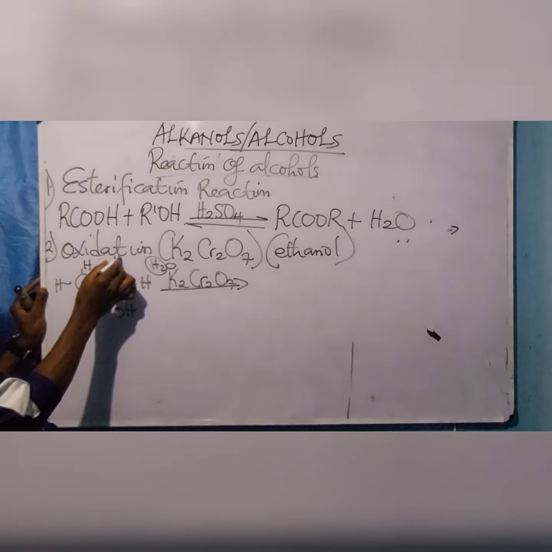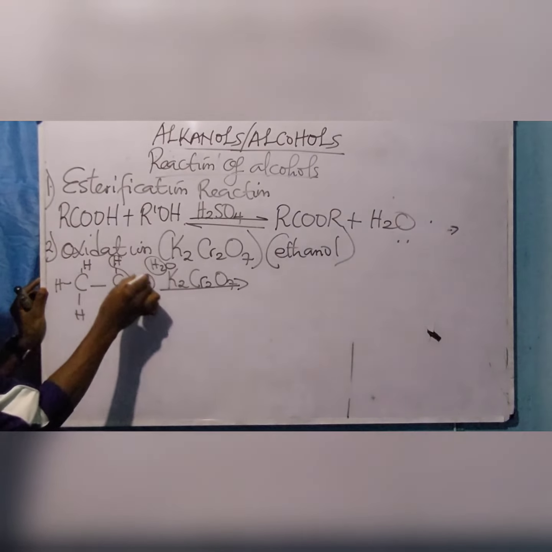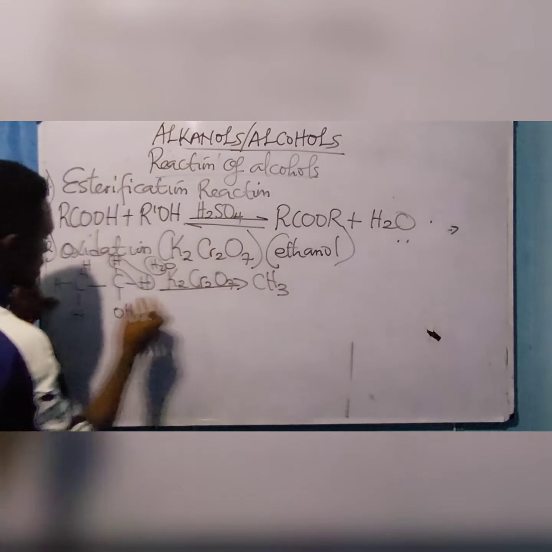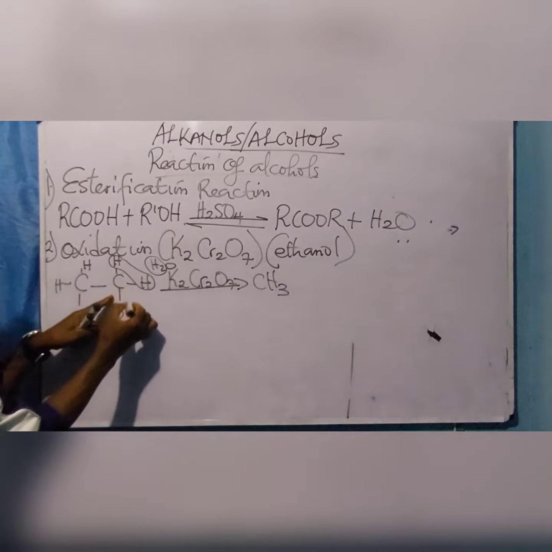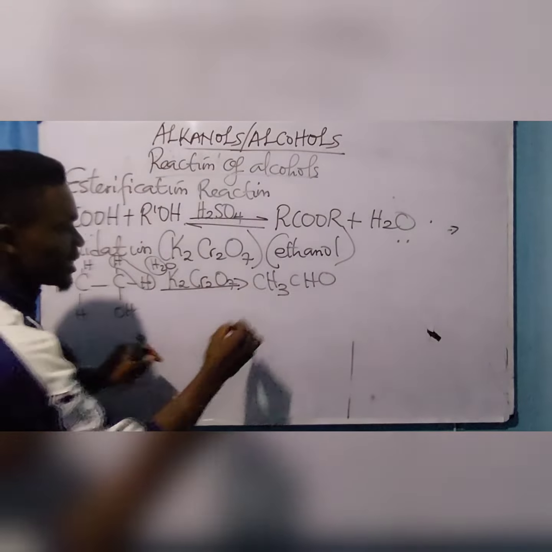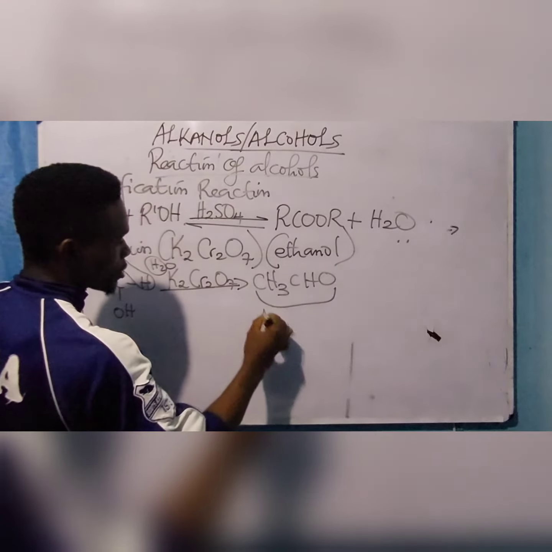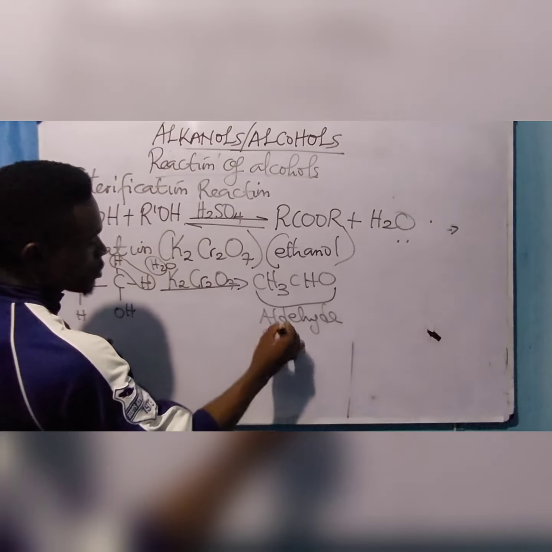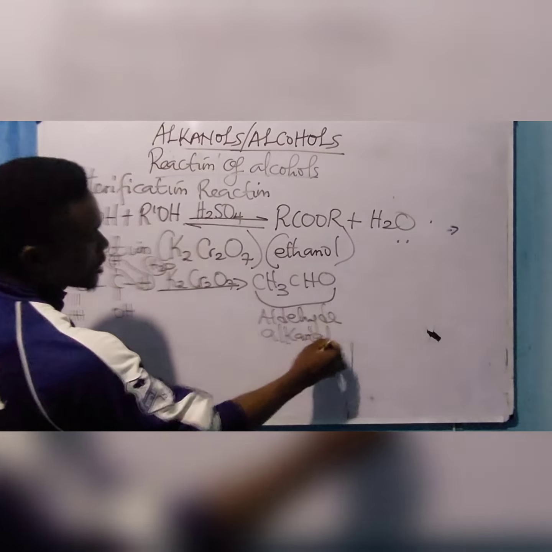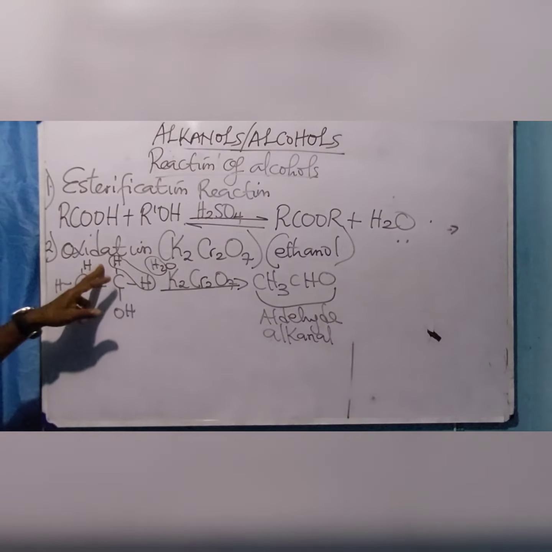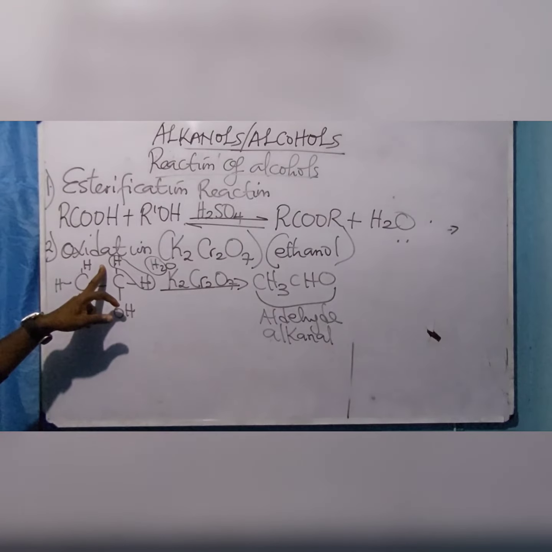I'll remove 2 hydrogen atoms from this place, and it becomes CH3CHO. So this is an aldehyde. This very compound is called an aldehyde. I also call it alkanal.